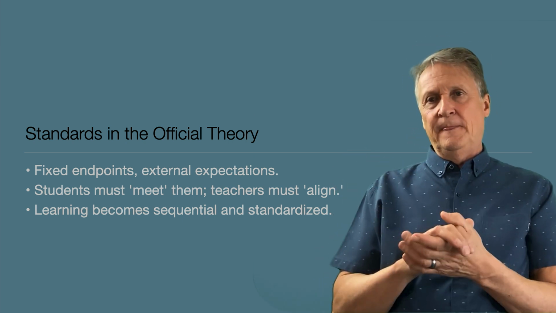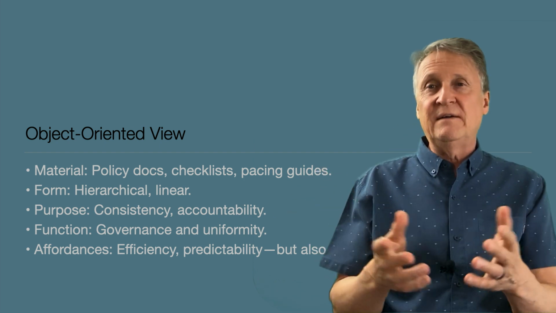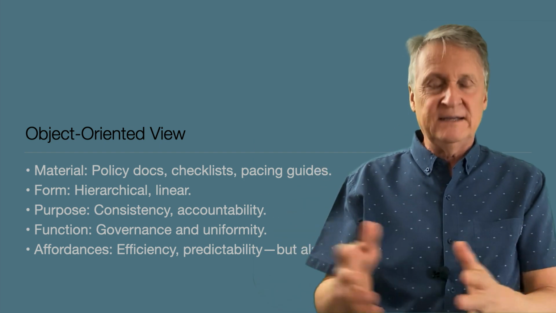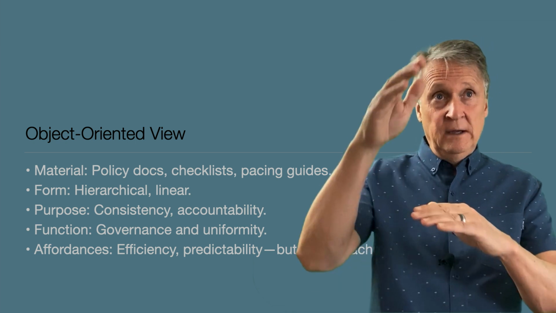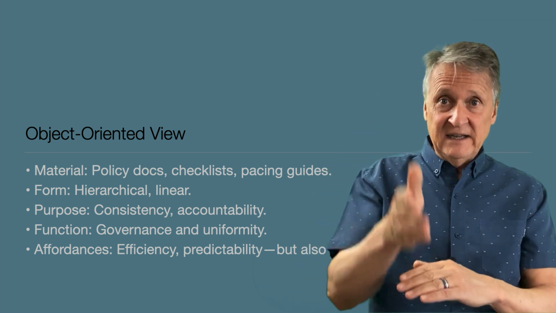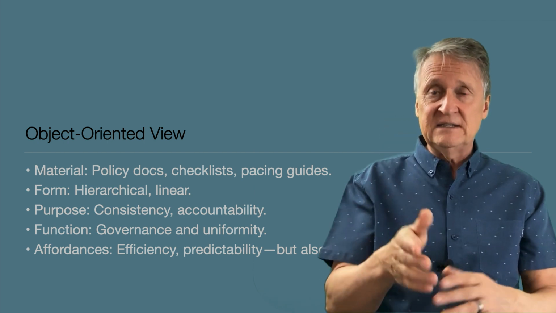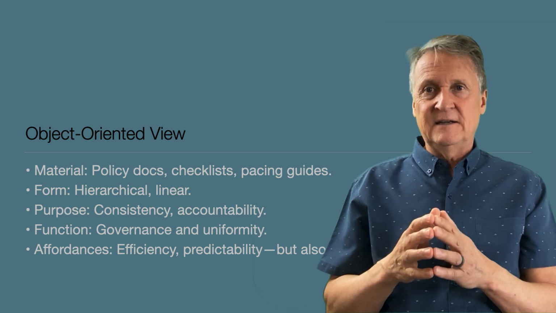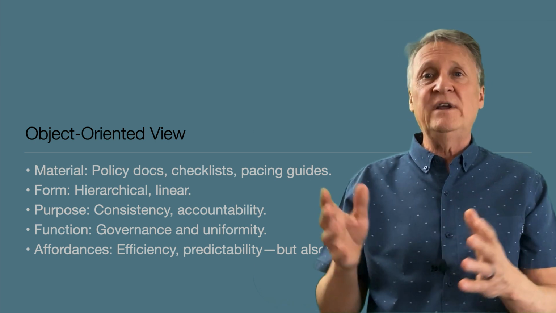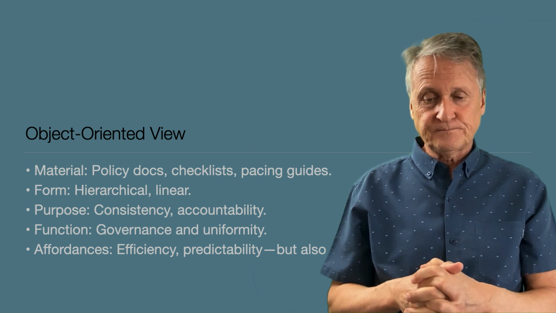From this view, the material is policy documents, grade level checklists, pacing guides. The form is hierarchical and designed as linear to support sequencing, coverage, and assessment. The purpose is consistency, presumably equity of access, and to ensure system-wide accountability.